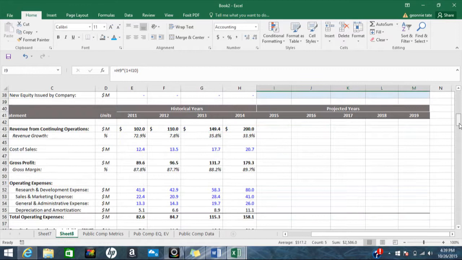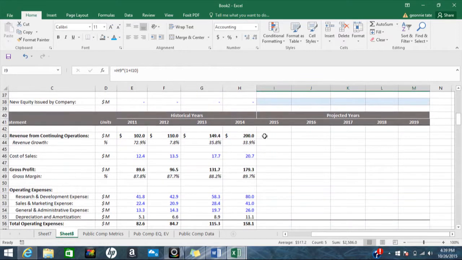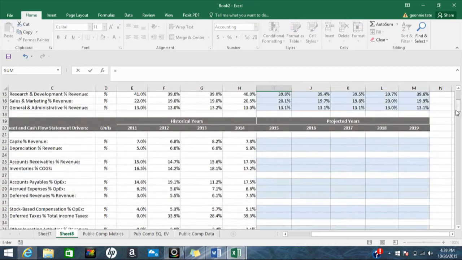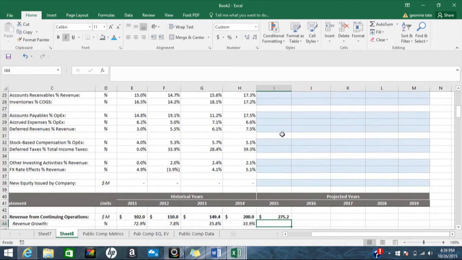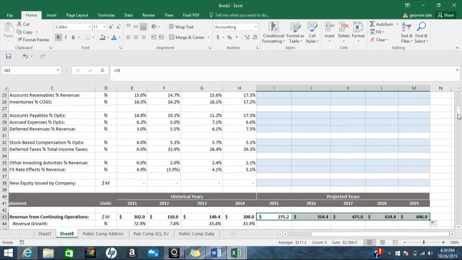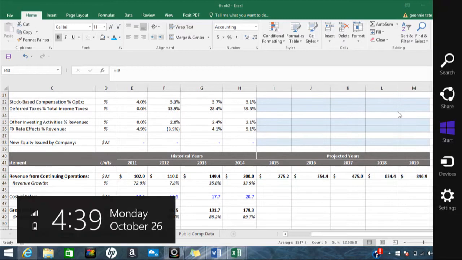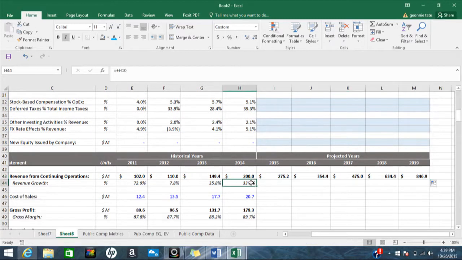All right, I'm going to start with revenue here. That's what all of the formulas were for, to calculate everything here. This is a simple growth rate formula. I'm just going to copy this over.